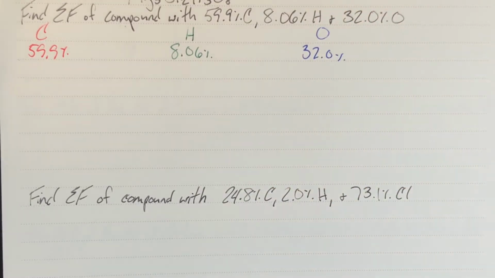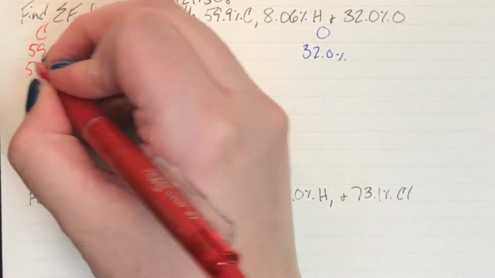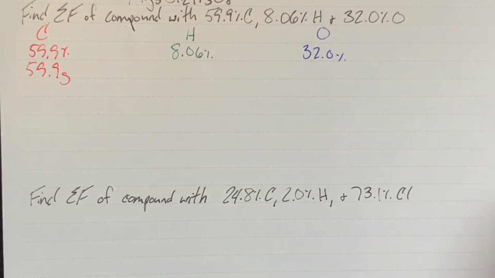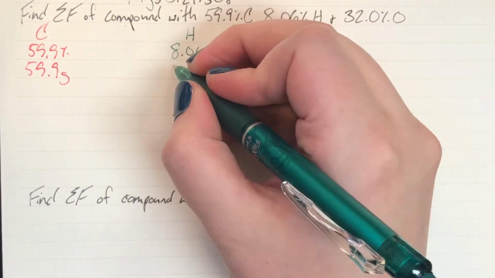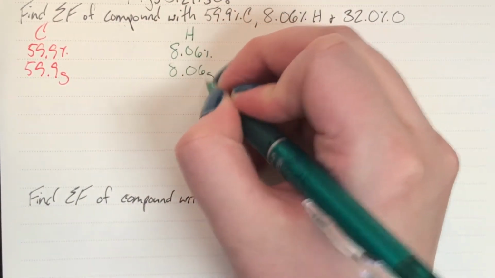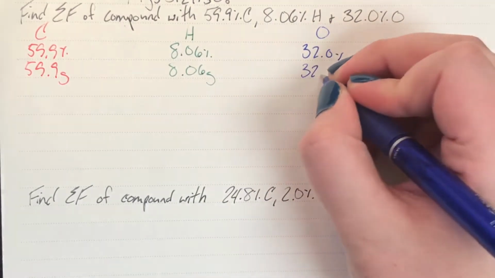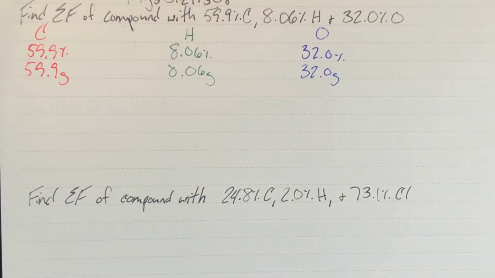Okay. I have my percents. Now I'm going to go from percent to mass. So 59.9% will turn into 59.9 grams. 8.06% will turn into 8.06 grams. 32.0% will turn into 32.0 grams. Now I will go from mass to mole.